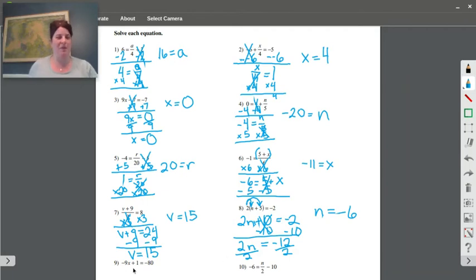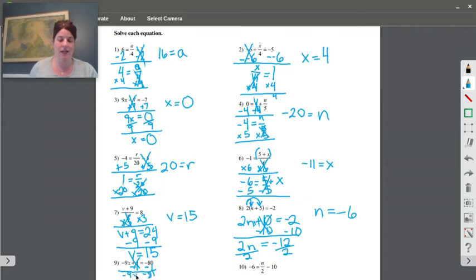Now we're back to some normal ones again. These 3 are kind of next level questions, but these last 2 are kind of back to where we started. So we have -9 times x plus 1 equals -80. First we're going to get rid of that 1, so -1 on both sides. These cancel out, so this turns into -81.